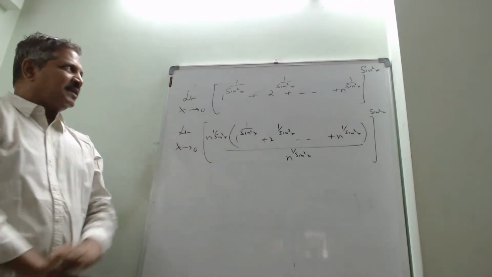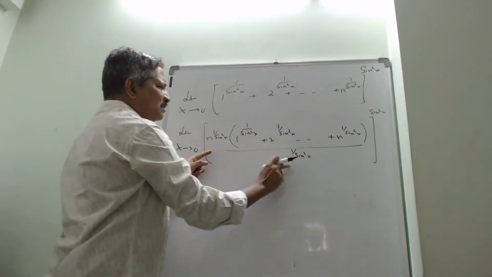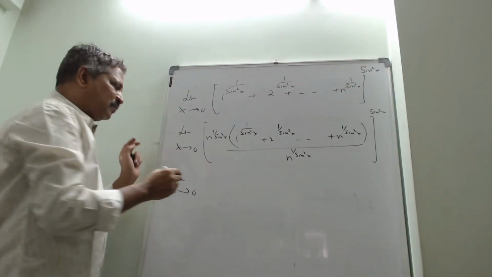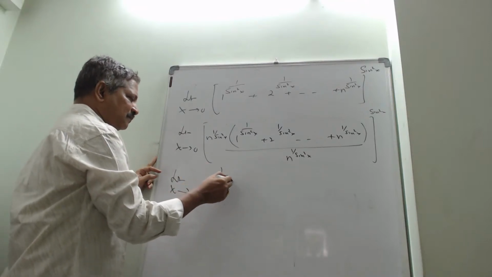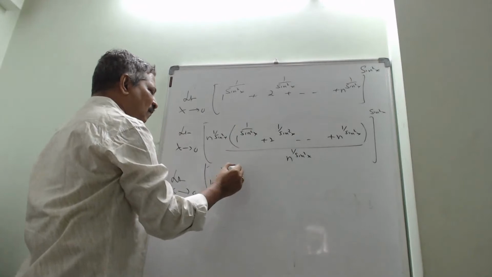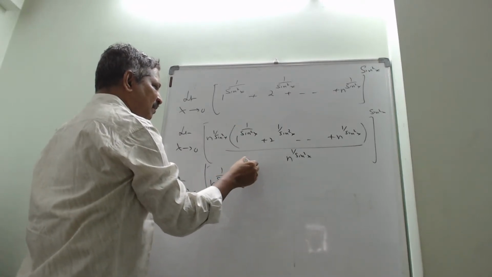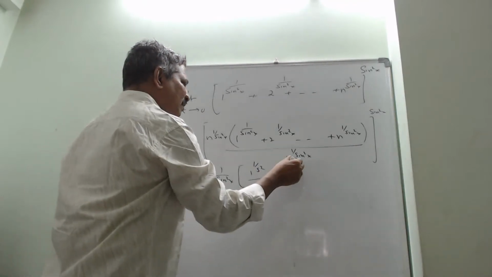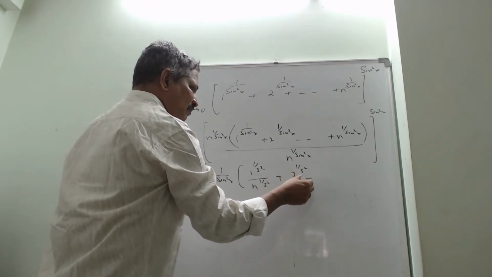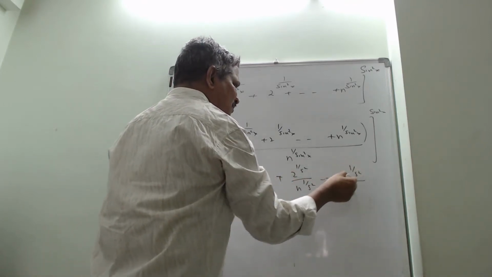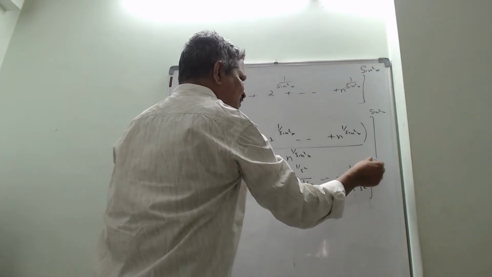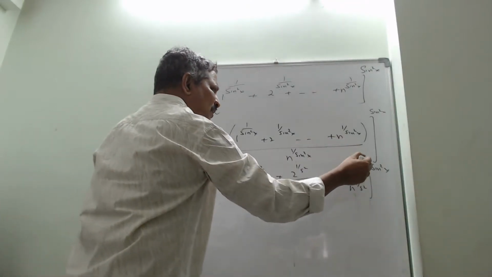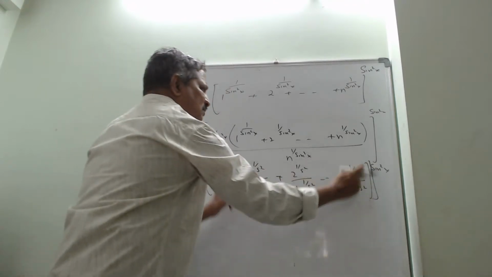Now limit x tends to 0, n power 1 by sin square x, then 1 power 1 by sin square divided by n power 1 by sin square, next 2 power 1 by sin square by n power 1 by sin square, up to n power 1 by sin square by n power 1 by sin square, and the whole bracket power sin square x.